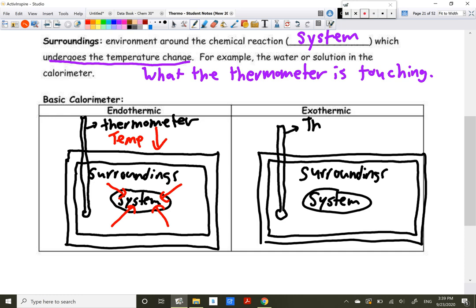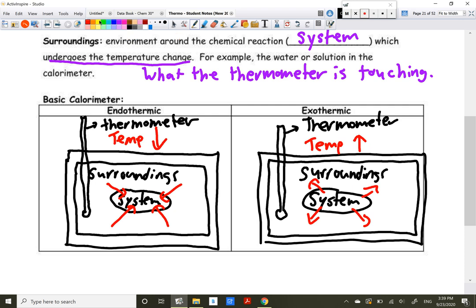Same thing. And for an exothermic reaction, it's the opposite: our system releases energy to the surroundings, so we should see the temperature increase in this case. So that is going to be our basic calorimeter setups.